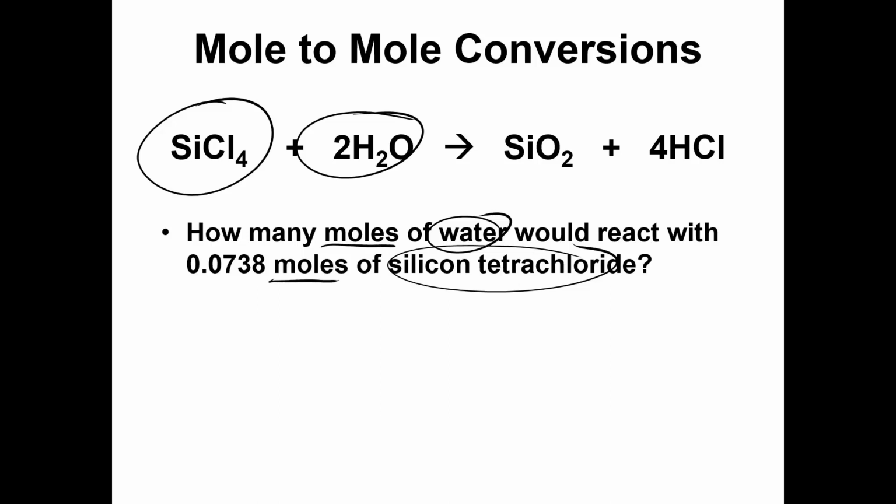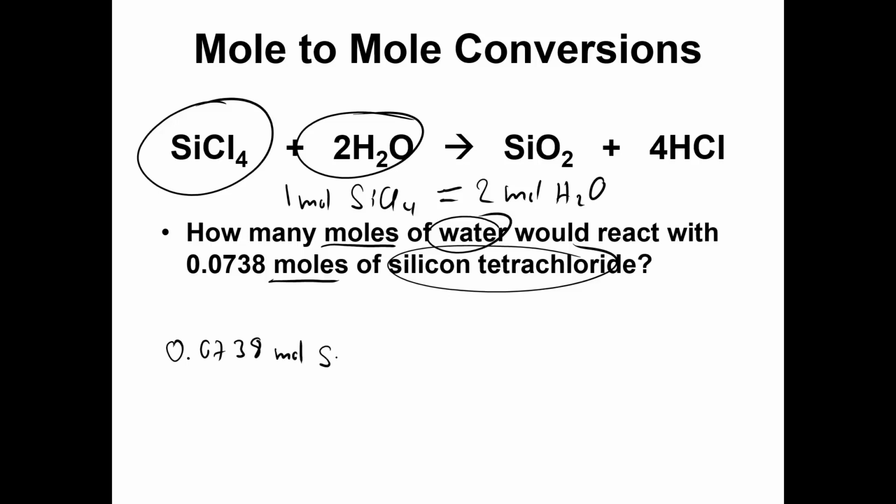Okay, so moles to moles, easy. We're just looking at 1 mole of SiCl4 equals 2 moles of H2O. That's the conversion factor we obtained from the balanced reaction. And now I have 0.0738 moles of SiCl4. I multiply by 2 moles of water, and I divide by 1 mole of SiCl4.